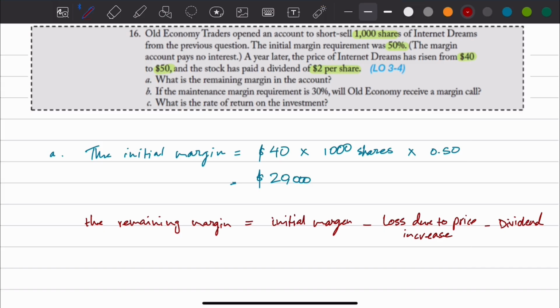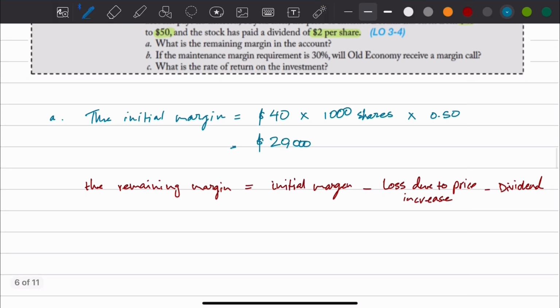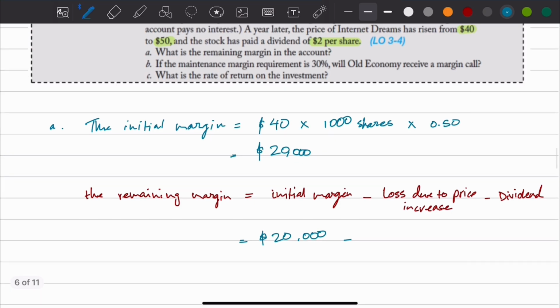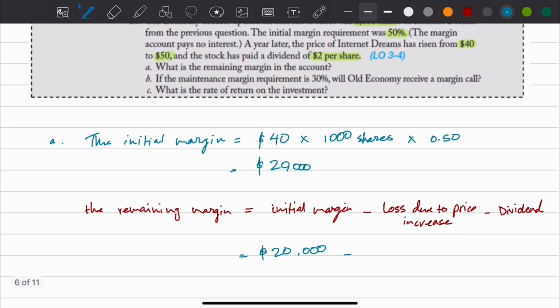All right. So that means the remaining margin is going to equal the initial margin we calculated earlier, which is $20,000, minus how much did they lose due to the price increase? The price difference per share was $10, right?